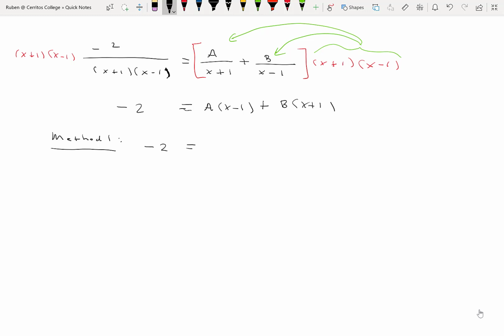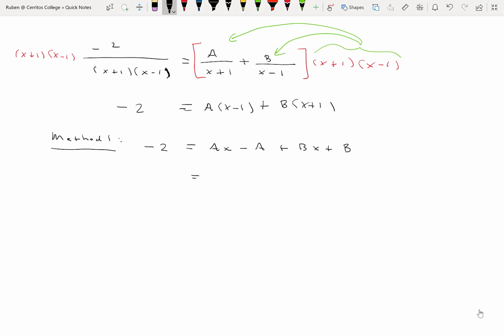The first method, method 1, says multiply everything out on the right-hand side. Ax minus A, distributing the A, Bx plus B. Group the powers of x together.